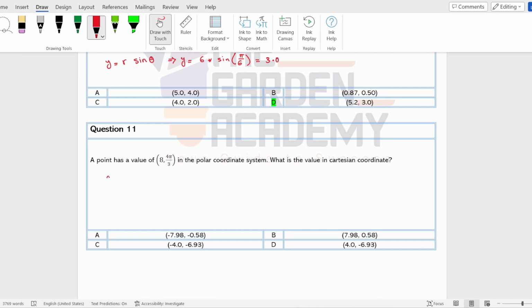So we'll say that x is equal to r cosine theta and y is also equal to r sine theta. عوض مع بعض. x is equal to 8 في cosine 4 pi over 3 and y is equal to 8 في sine 4 pi over 3.